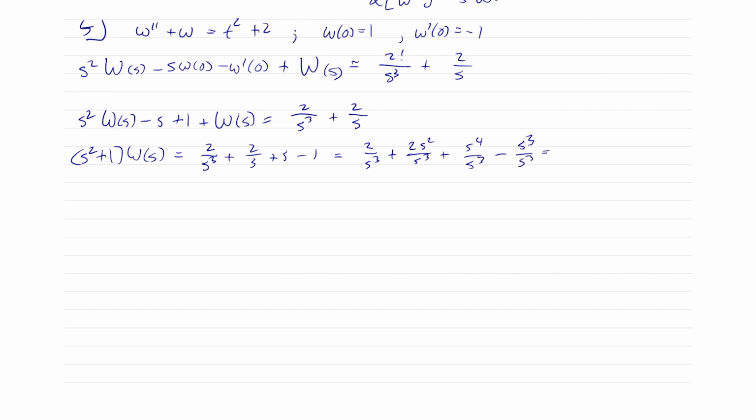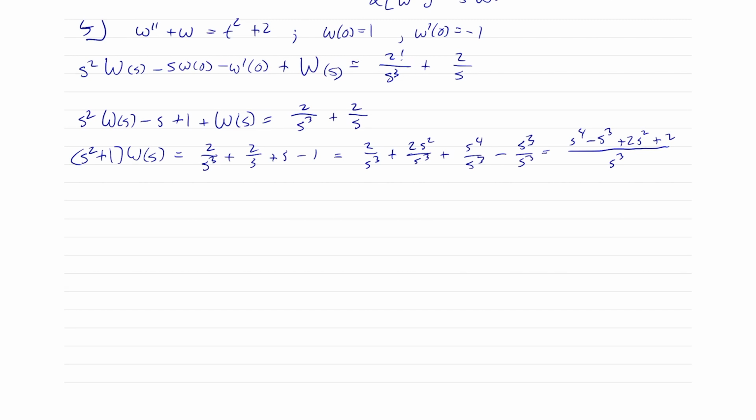And what do we get? So we get s to the 4 minus s cubed plus 2s squared plus 2, all over s cubed.